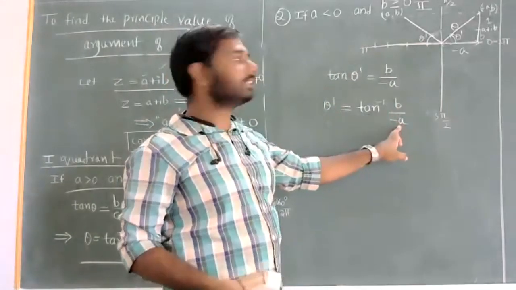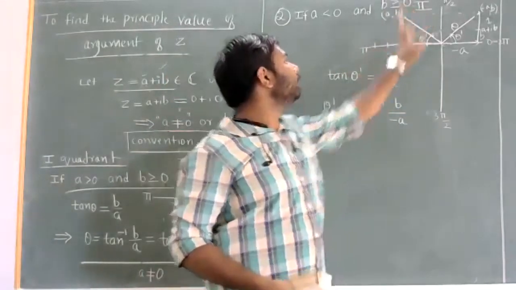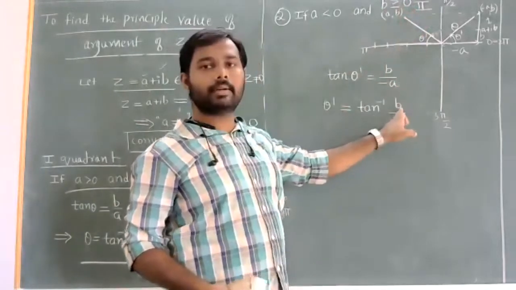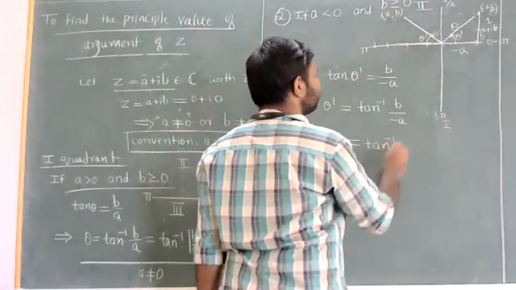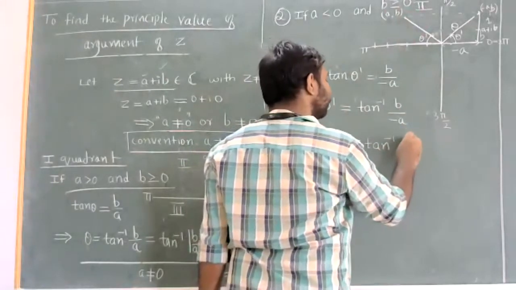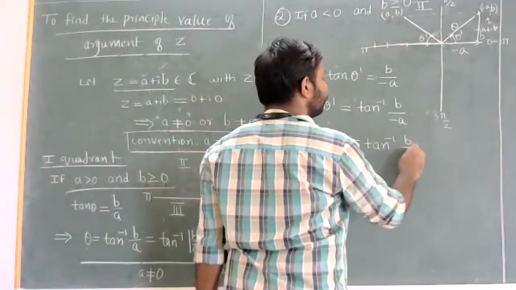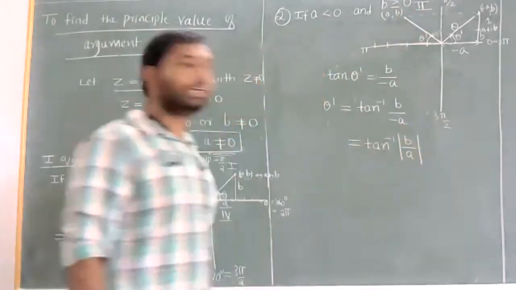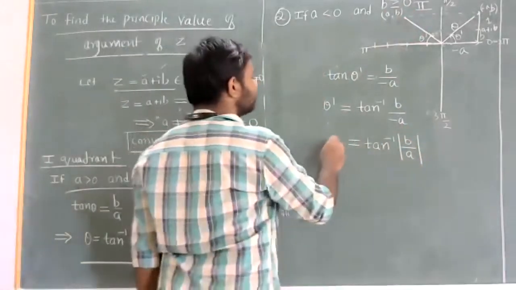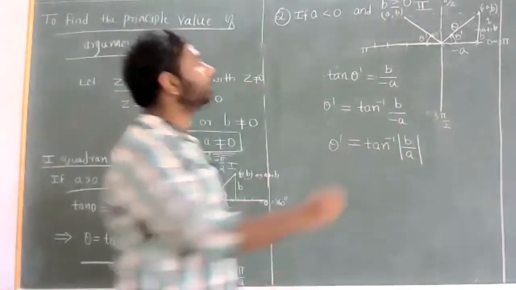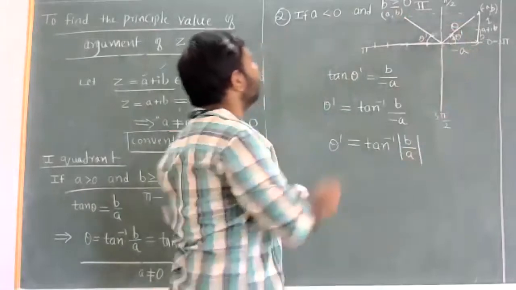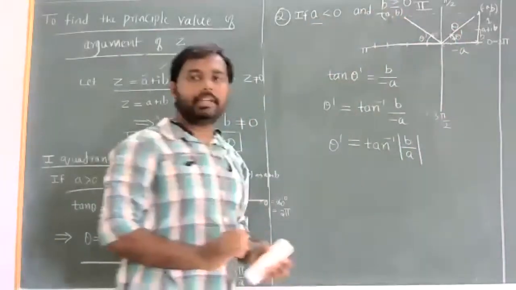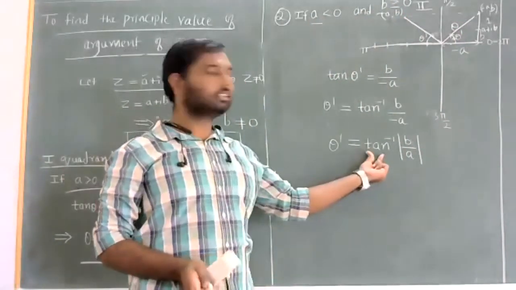It is minus A. And B is non-negative means modulus of B is B. So I can replace it as tan inverse of modulus of B by modulus of A. So this is theta dash. So that means I can calculate this angle by using A and B values.